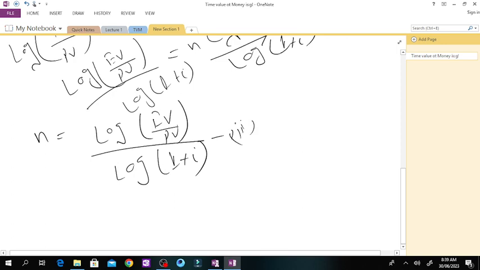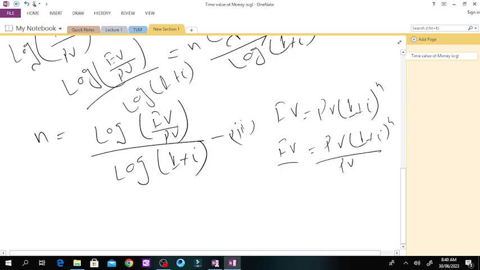Now we have a case where we have to find I. The formula is future value equals present value into (1 plus I) power n. So you will initially divide present value on both sides, giving future value divided by present value equals (1 plus I) power n.